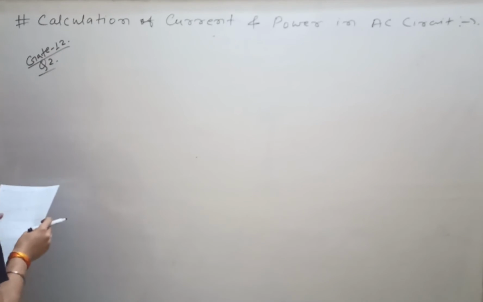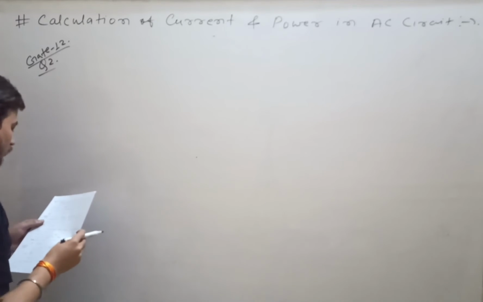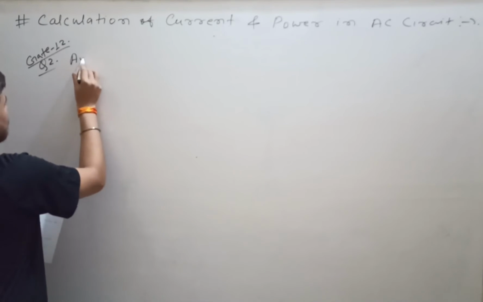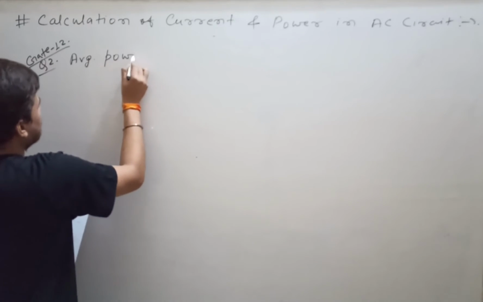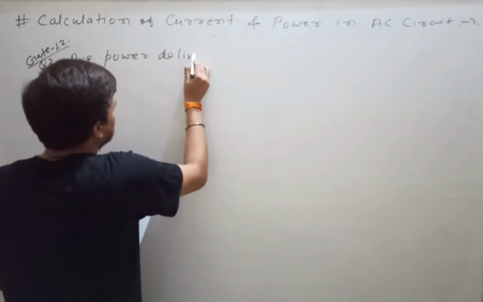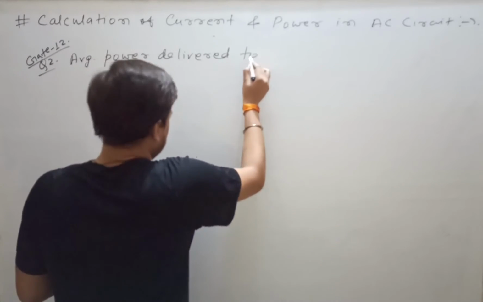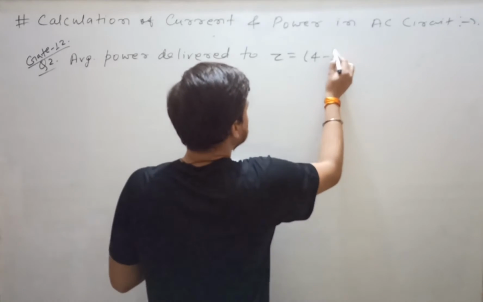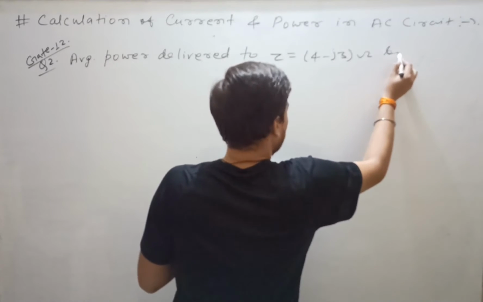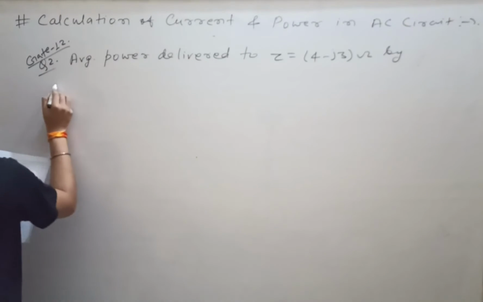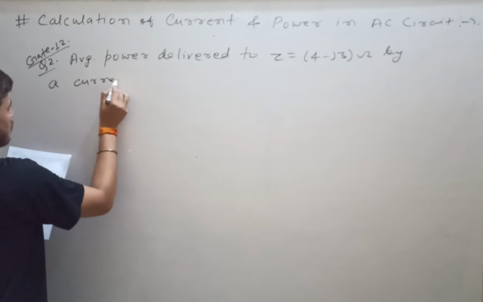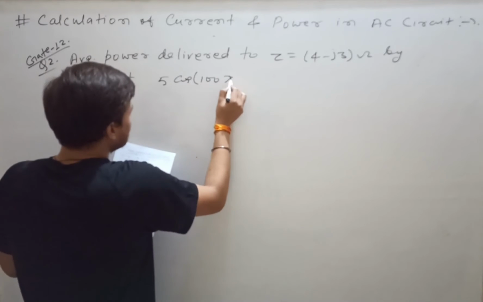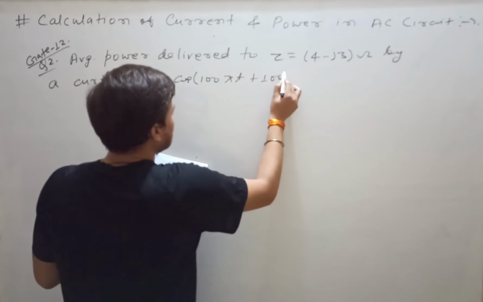They are saying the average power delivered to an impedance Z equal to 4 minus j3 ohm by a current 5 cos(100 pi t plus 100) ampere.